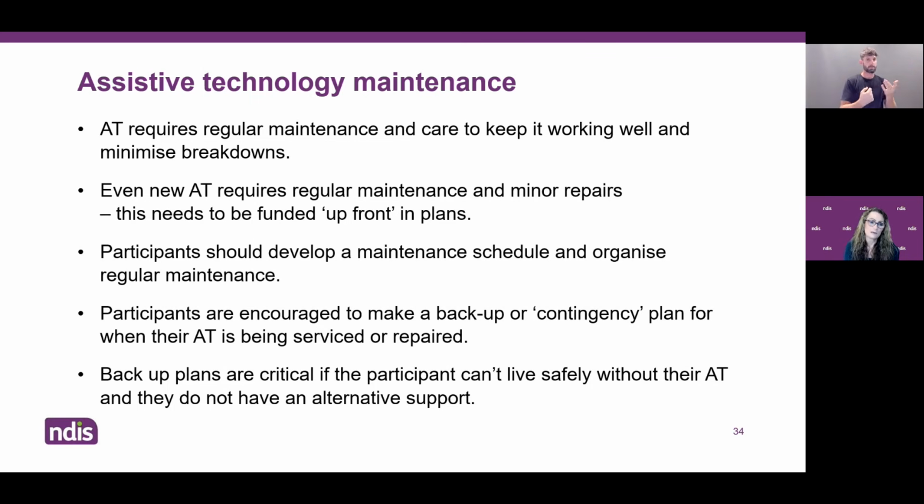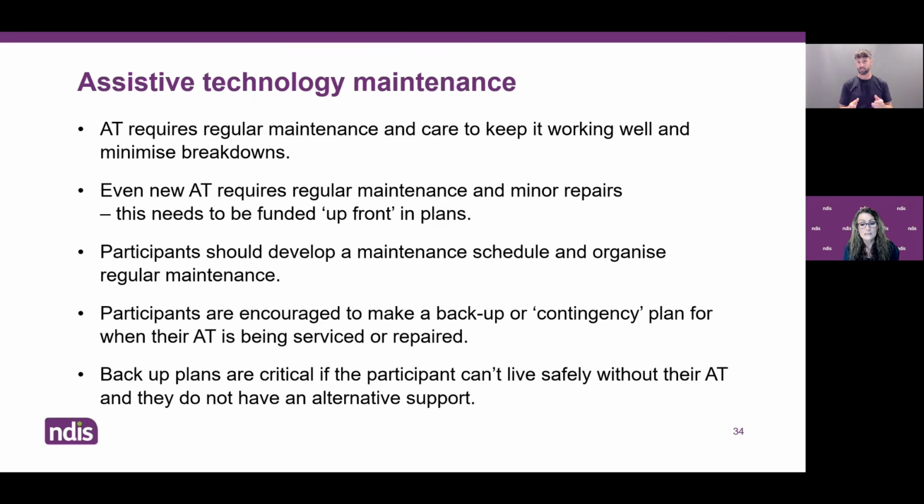This is especially important if a participant doesn't have an alternative support for AT that they cannot live safely without. For example, a ventilator, a transfer hoist, or a powered wheelchair.